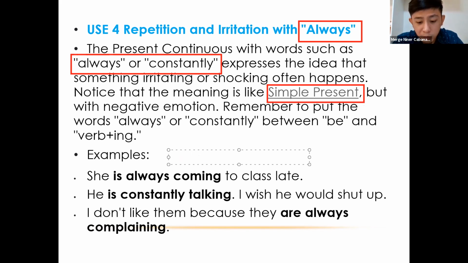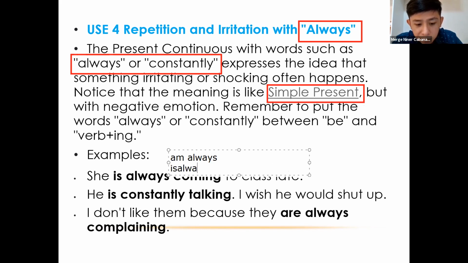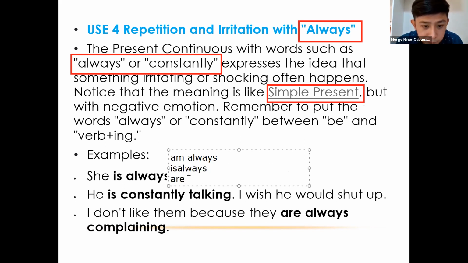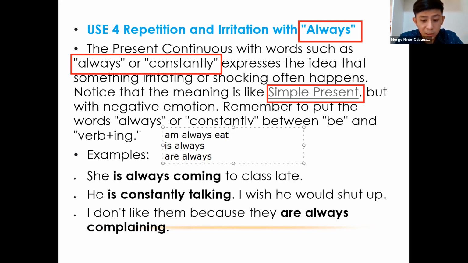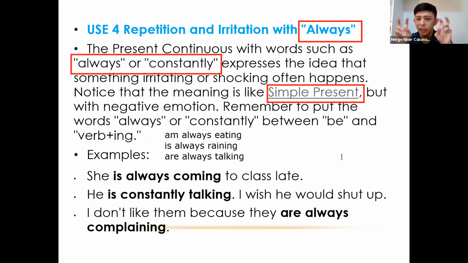So whether it will be am always, is always, are always, plus verb ing, always eating, always raining, always talking. That means that there is an irritation to the idea. Take a look at this, okay? Listen carefully.